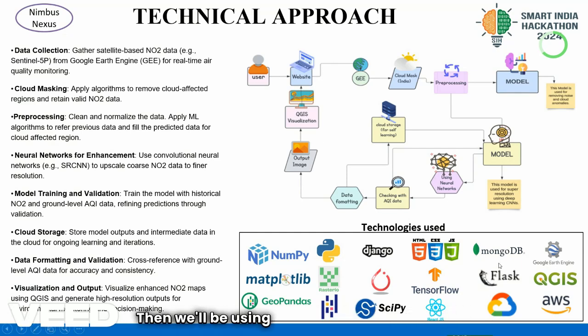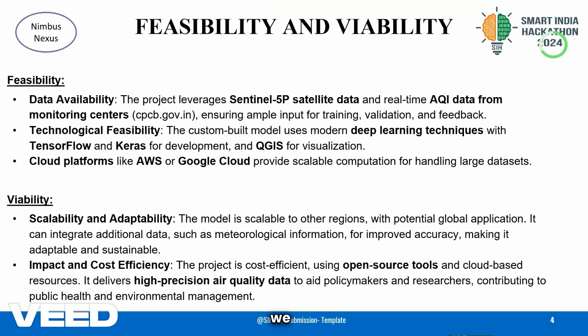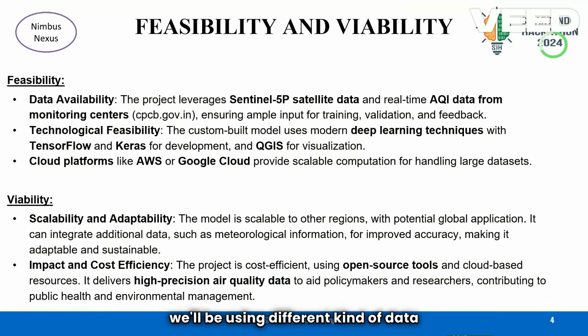Then we'll be using a number of ML stacks and available libraries and other things, so that we have the best kind of super resolution app ready for maps and satellite. We are making a constructive web platform where we'll be using different kinds of data already available on web platforms.